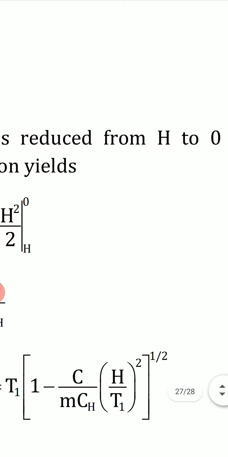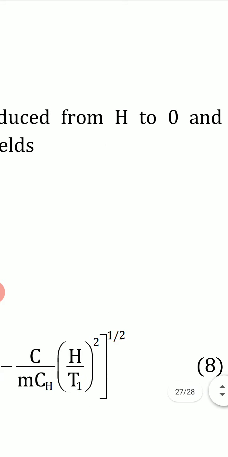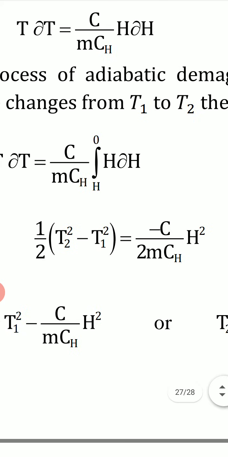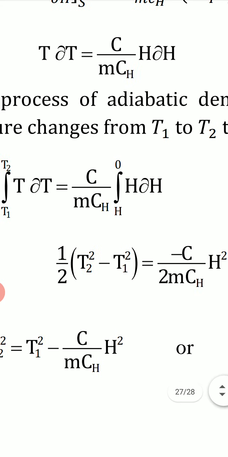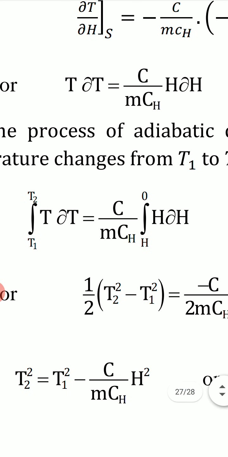And then if we assume that the temperature changes from T1 to T2, then if we integrate this equation, we get integral T dT equal to C upon m C_H integral H dH. On the left hand side it is the integral with respect to T, and the values of T change from T1 to T2.